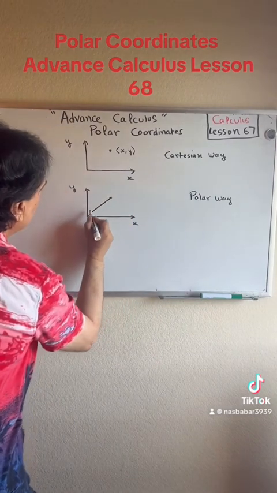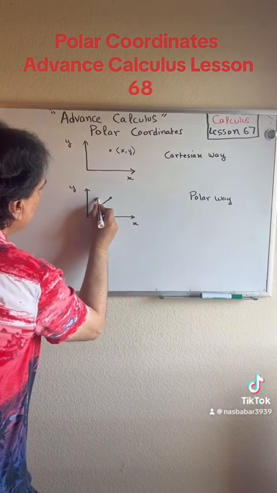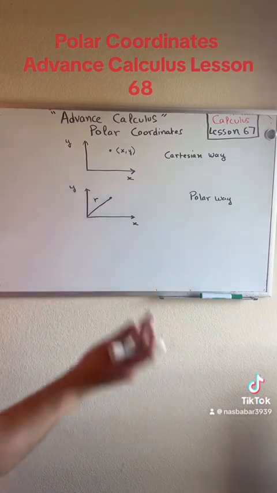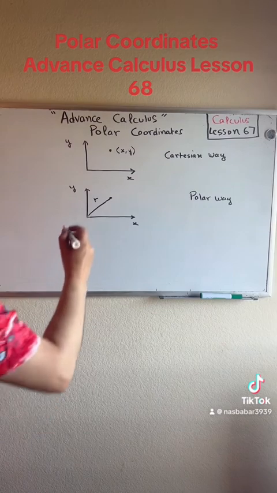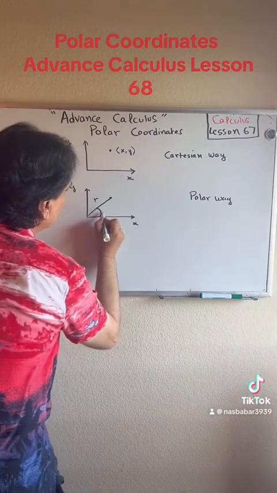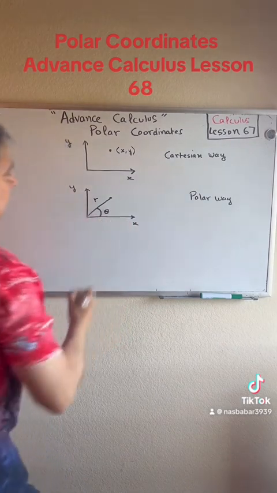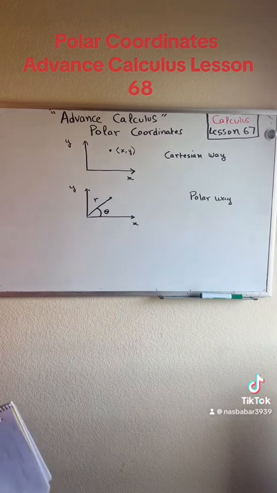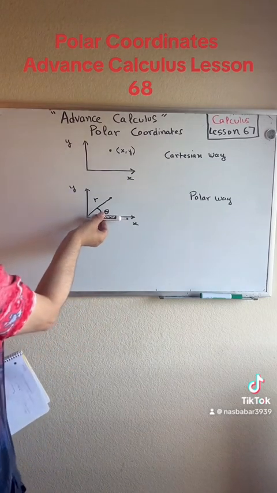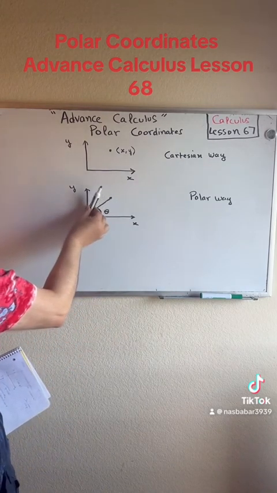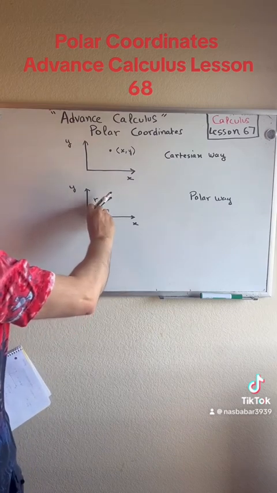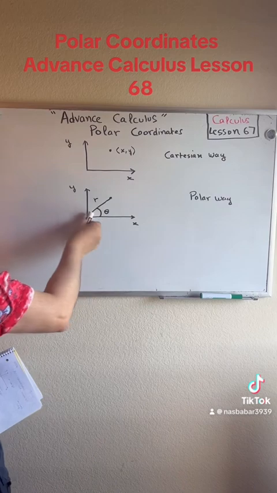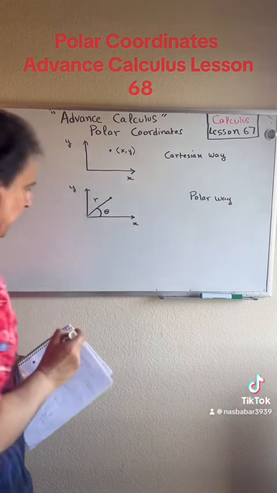You say from here to here is r, which is the length from this point to this point. And this right here is theta, the angle. Your angle is positive when you go like this, and your angle is negative when you go like this. So keep that in mind.